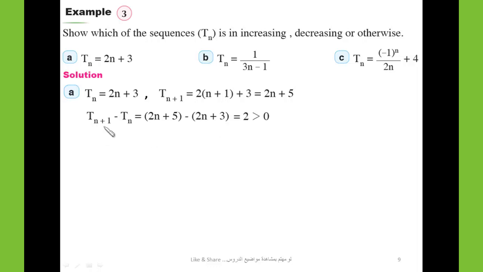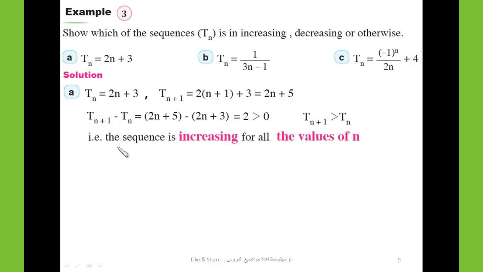So Tn plus 1 is greater than Tn because the difference is positive 2. So when Tn plus 1 is greater than Tn, what can we say? We can say that the sequence is increasing for all the values of n.